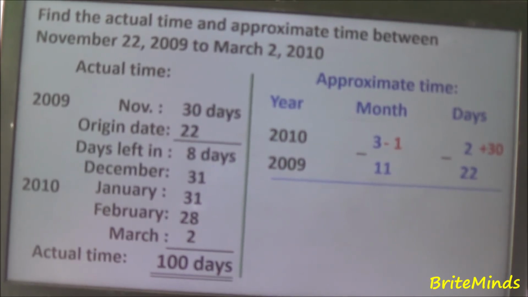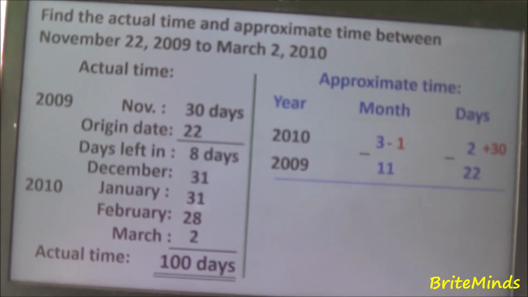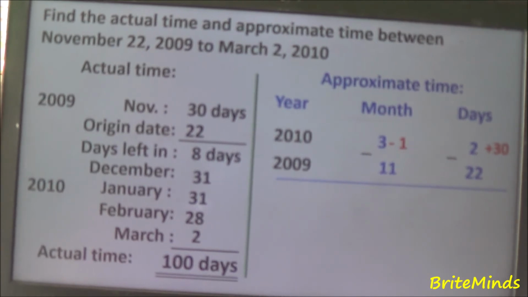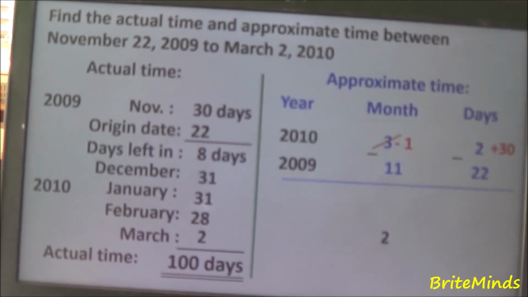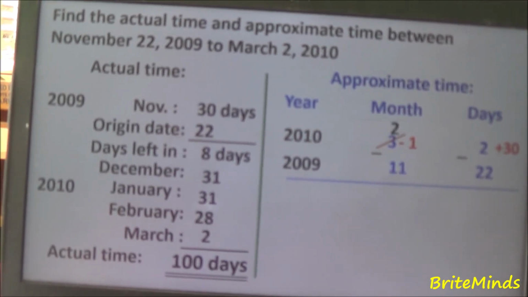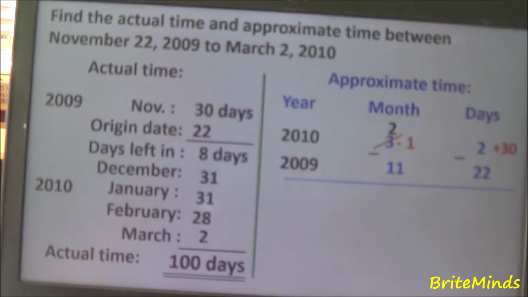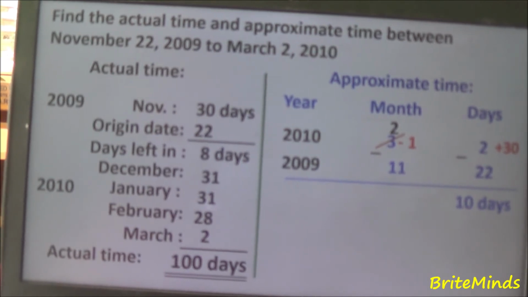And then the month. We need to deduct 1 month since we borrowed it, so it will become 2 months. So 2 plus 30 is 32, less 22. So the remaining days is 10 days.